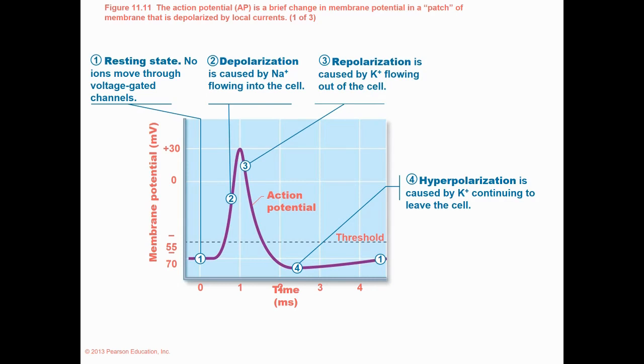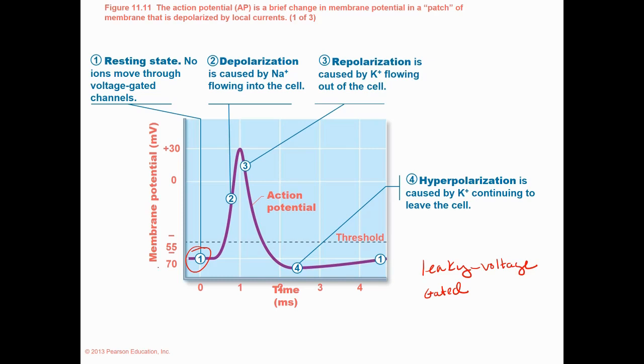And so remember, there are channels, there are just the leaky channels, and there are the gated. All right, so remember here, these are the voltage gated ones. So here we start off at your resting potential.